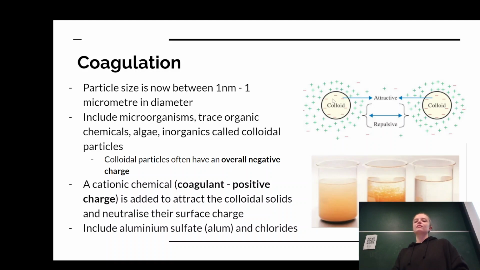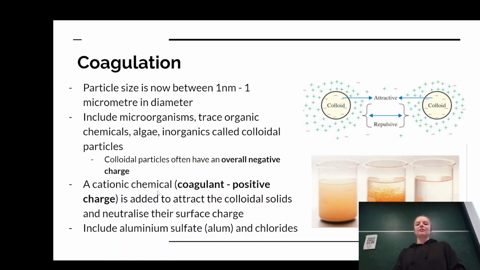Our colloids all have this negative charge, and then the surrounding solution is positive. So the insides, the colloids themselves, will be attracted to this positive charge on the outside here, and then the positive charges will be repelled, because you can kind of imagine them like magnets, but then the same will happen on this side to this colloid.